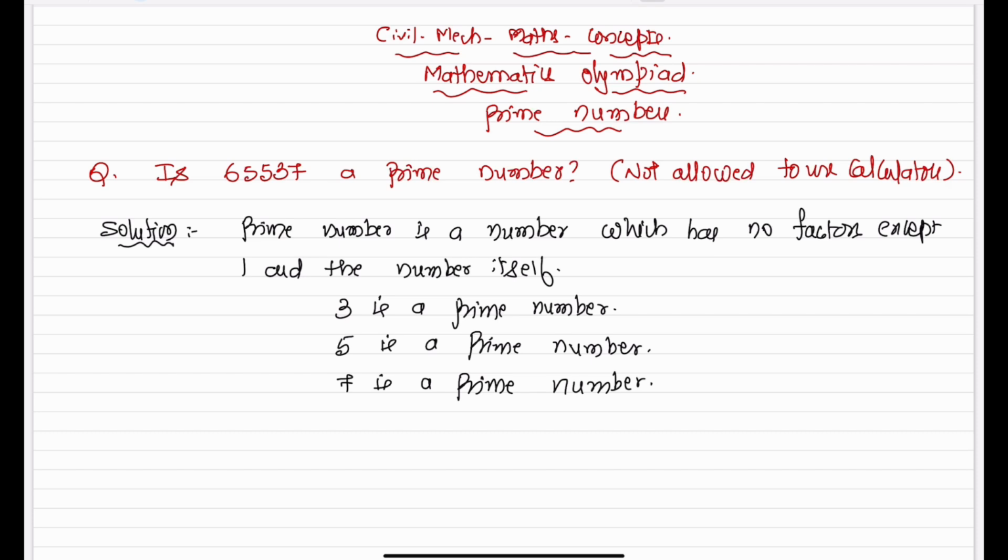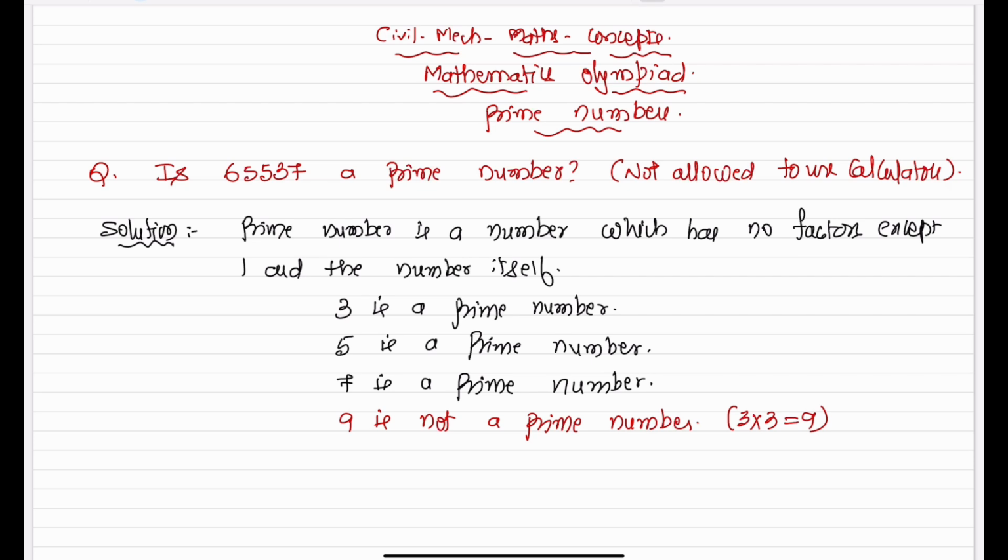But 9 is not a prime number, because 3 into 3 is equal to 9. 3 is a factor for it.